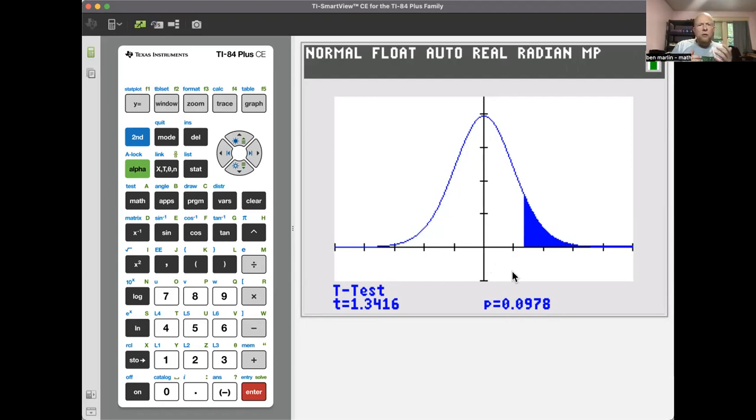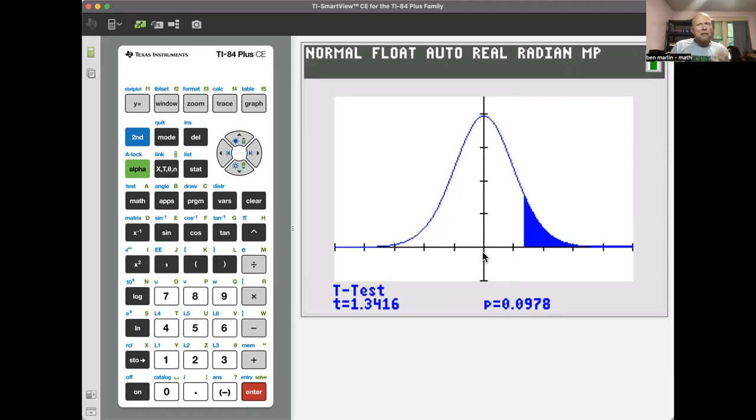The one I've got on the calculator is not the one from the example we're doing here in Python, but it shows a p-value of 0.0978, which would say that you have a 9.78% chance of getting a random sample that looks like this when your mu is actually 70.